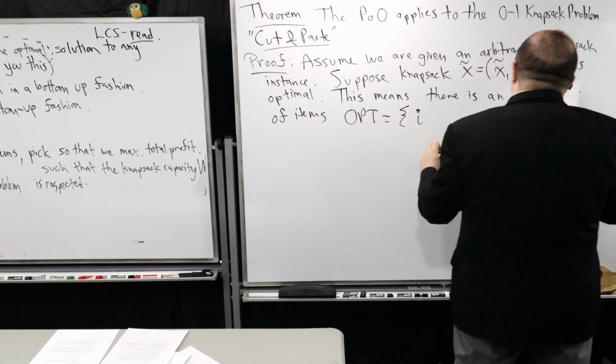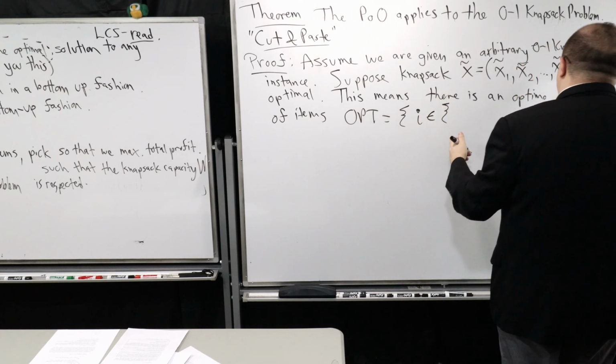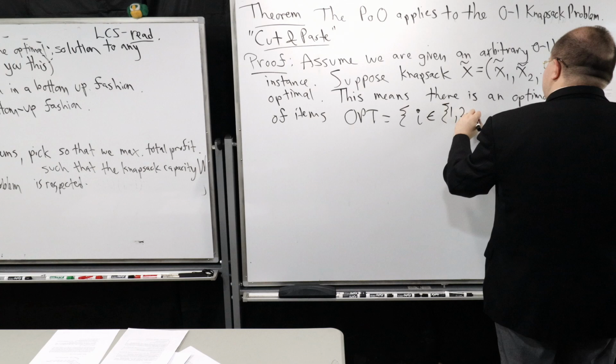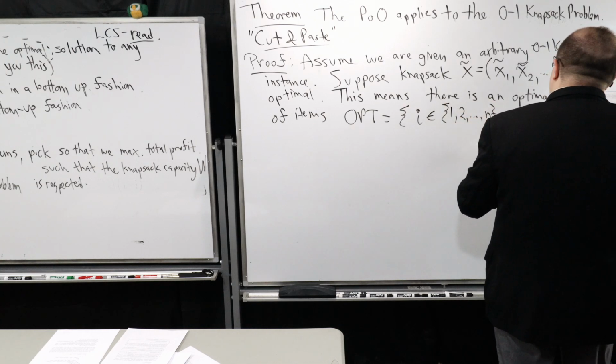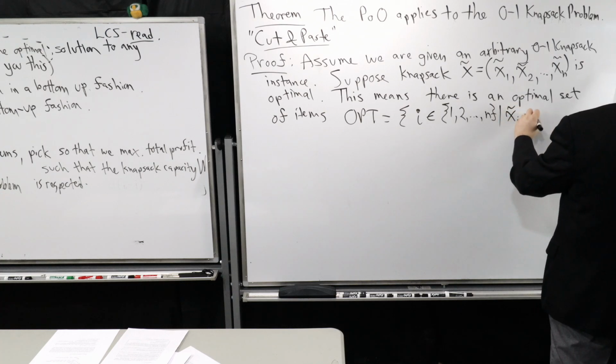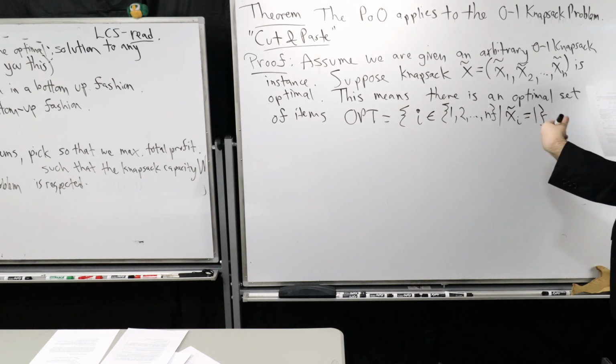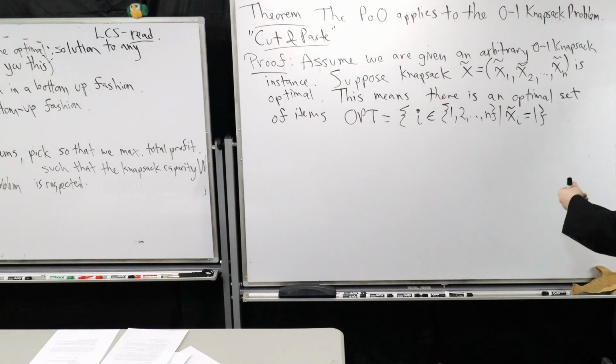I'm looking at the set of items, so these are going to be the indices. It's going to be some subset of the n items that we have, where xi tilde is equal to 1. That means I've taken this item. So these are all the items I picked for the optimal knapsack.